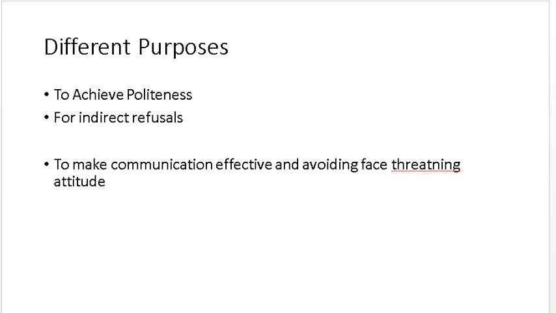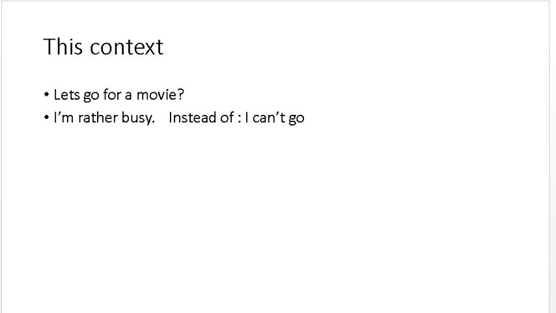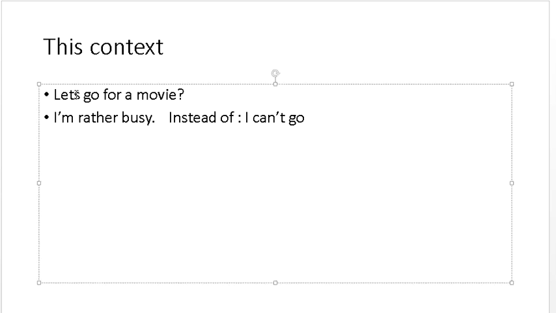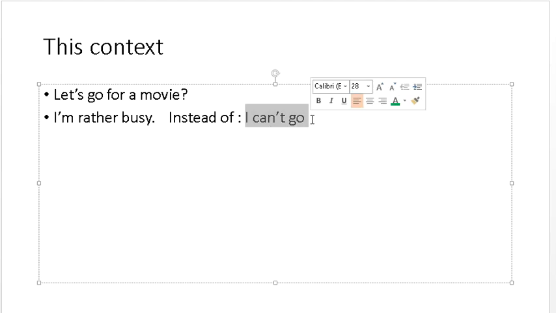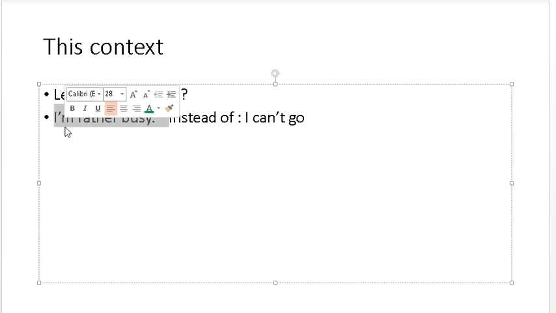Here we can go through the last example. If your friend is asking you, let's go for a movie, and rather than saying I can't go, I'm not going, which will feel quite harsh, you say, I'm rather busy. If you look at the token value of the sentence, it means that you are busy.